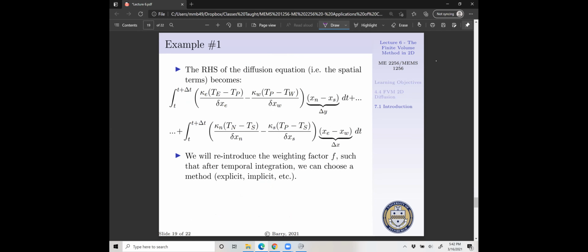So what this becomes is we have the integral from t to t plus delta t of the quantity kappa east, t east minus tp per delta x east, minus kappa west, tp minus t west per delta x west. That was exactly what we did in lecture 4, slide 9, of how we got that expression.